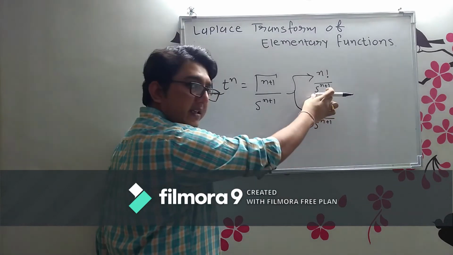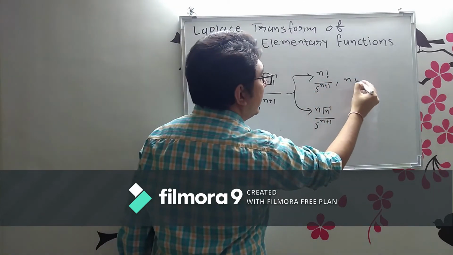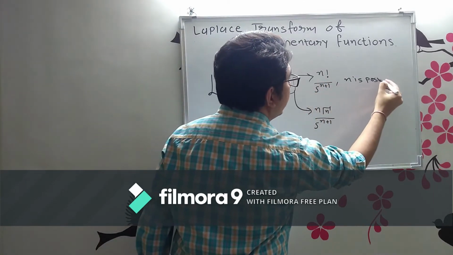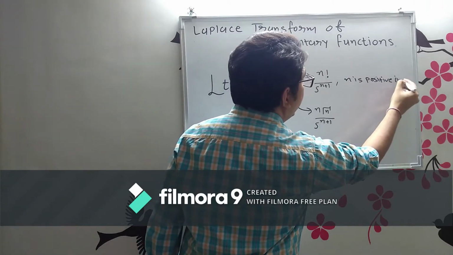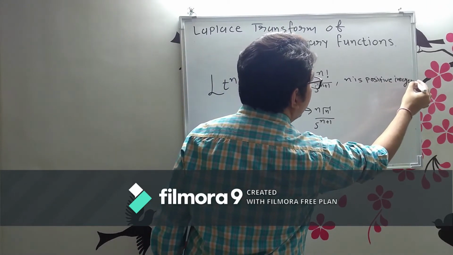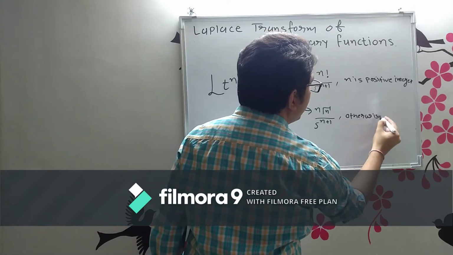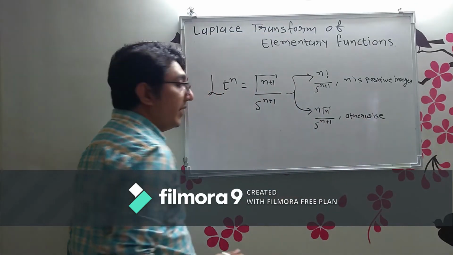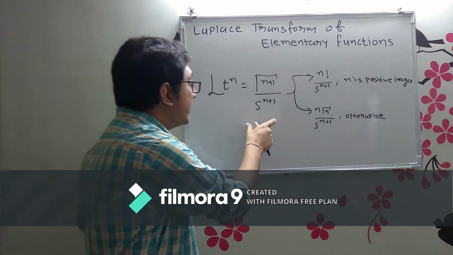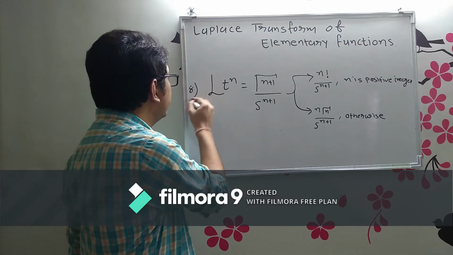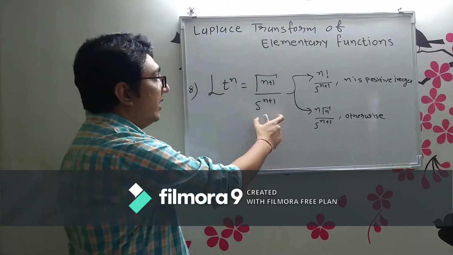When is the first formula applicable? If n is a positive integer. Otherwise, that means if the first one is not possible, you have to apply this one. Okay, so many students make mistakes in this result, so just be careful with it.